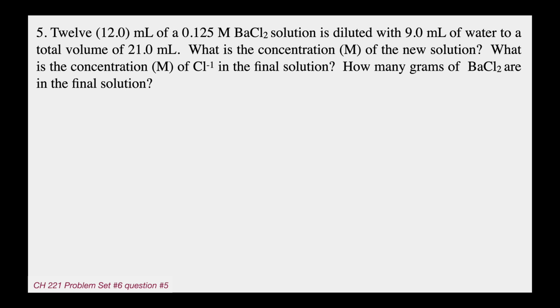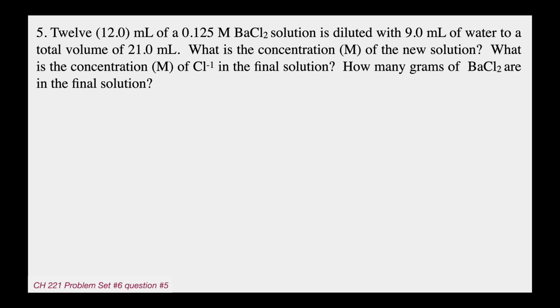Okay, there's going to be a couple different ways to solve some of these, but the first part is an example of what's called dilution. And in the chapter 4, part 2 lecture notes, I talked about M1V1 equals M2V2, or some variation of that, to do these kinds of problems. And that's absolutely what I would use right here.